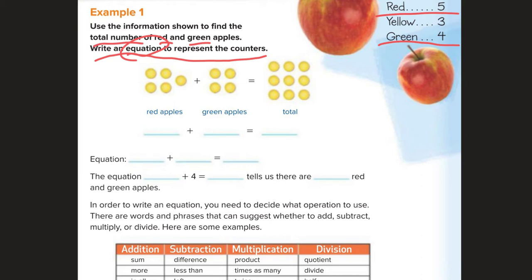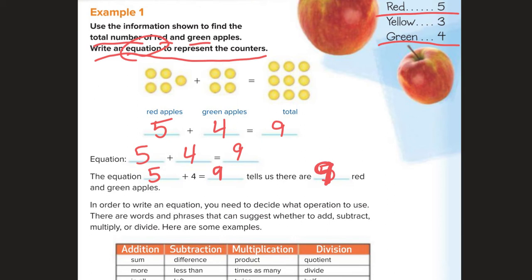Okay, so I have to do 5 plus 4. 5 plus 4 is equal to 9. So our equation then is just going to be that. 5 plus 4 equals 9. The equation 5 plus 4 equals 9 tells us that there are 5 red and 4 green, 9 red and green apples.